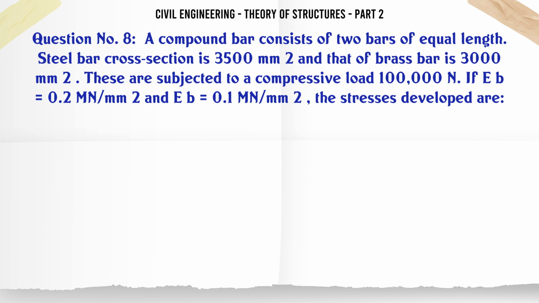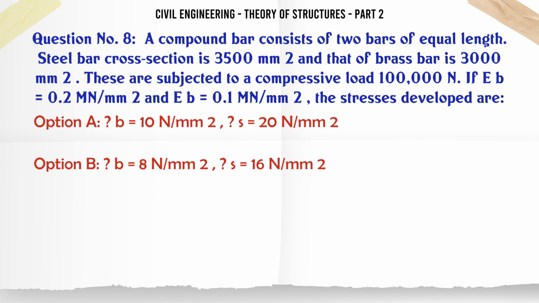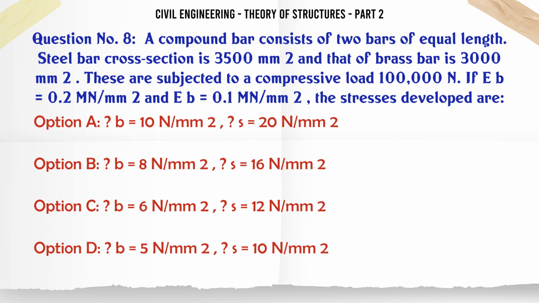A compound bar consists of two bars of equal length. Steel bar cross-section is 3500 mm² and that of brass bar is 3000 mm².